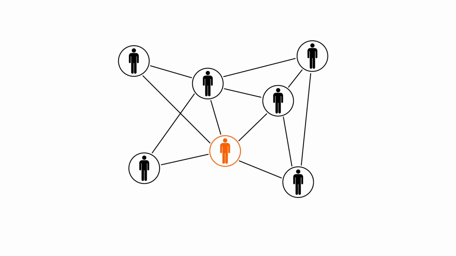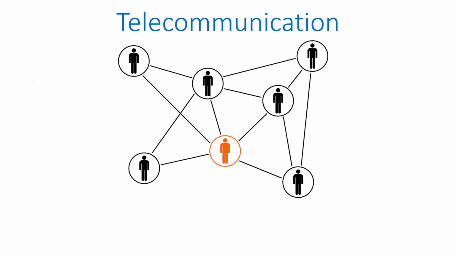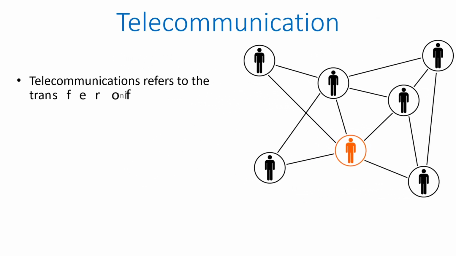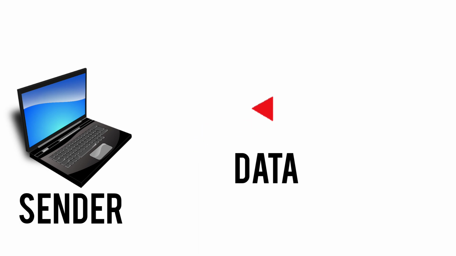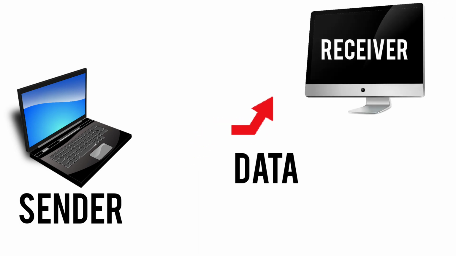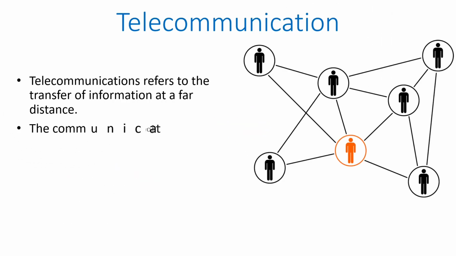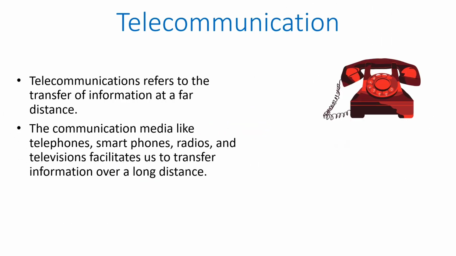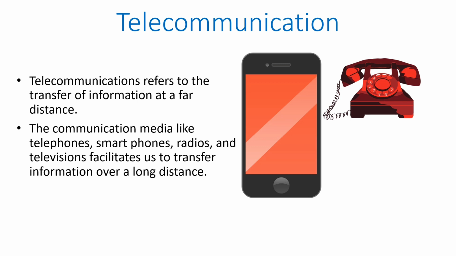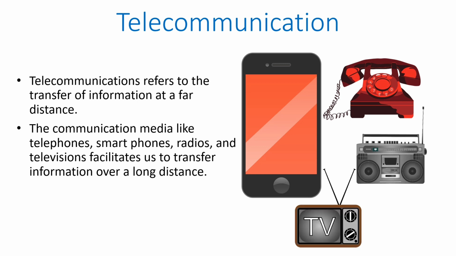So let's talk about telecommunication. Telecommunication refers to the transfer of information at a far distance. So, sending or transferring data and information at a far distance refers to telecommunication. Communication media like the telephone, smartphones, radios, televisions facilitate us to transfer information over long distance.